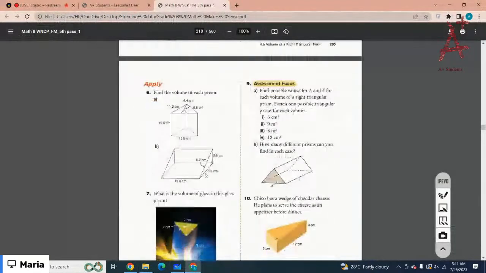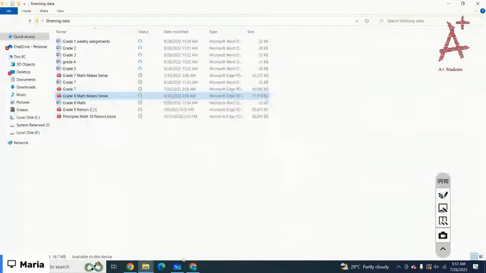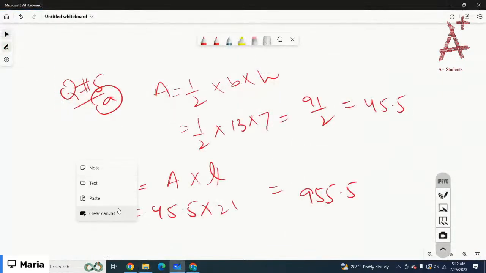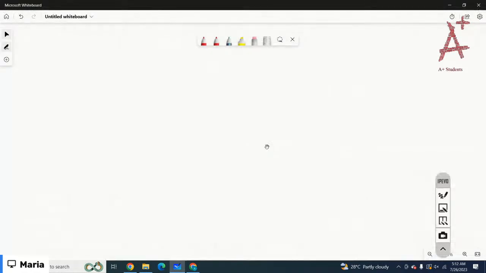Okay, question number 6. What is the volume of the prism? Question number 6A. Okay, the base is 15.5 and height is 4.4. You have to calculate the area of the triangle first.